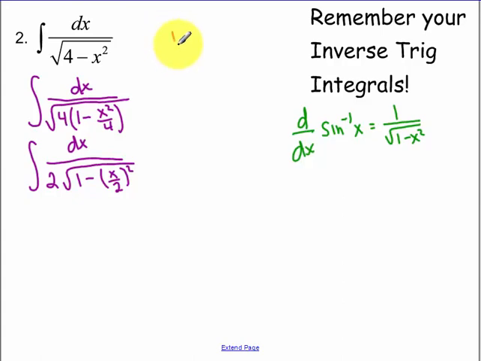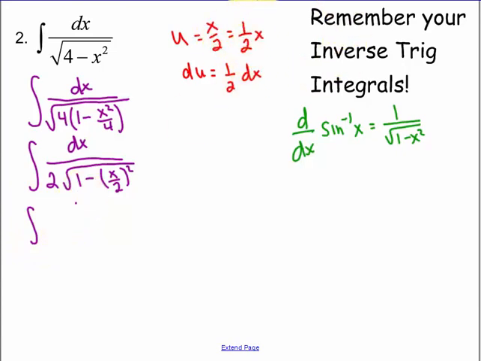Now make your u whatever in there. So x over 2. Rewriting that another way, remember that's 1/2 x. So your du is something really nice. 1/2 dx. So now we have the integral.